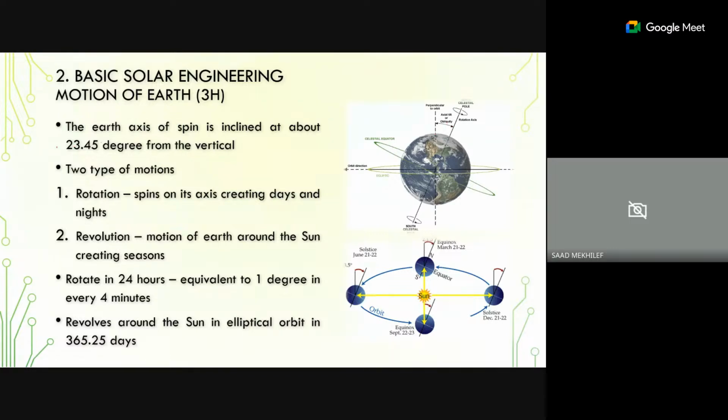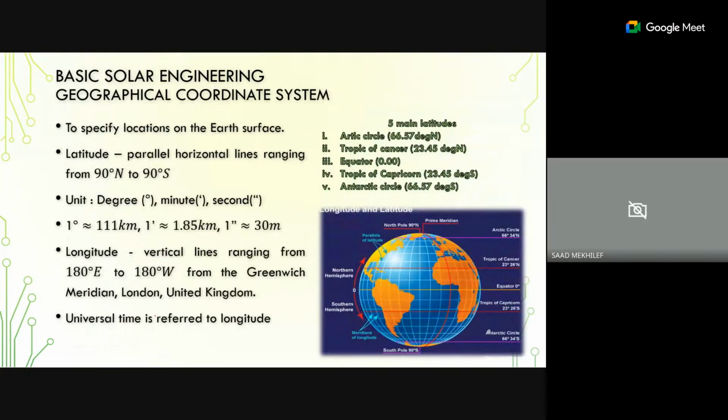This angle is around 23.45 degrees. The rotation of the Earth around the sun creates the seasons, and the spin on itself creates the days and nights. I think all of us know this.